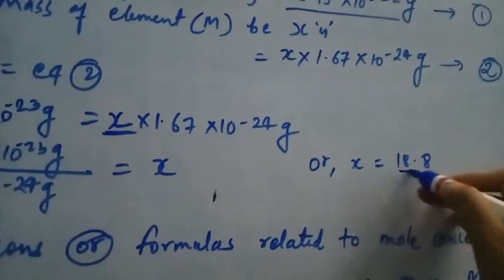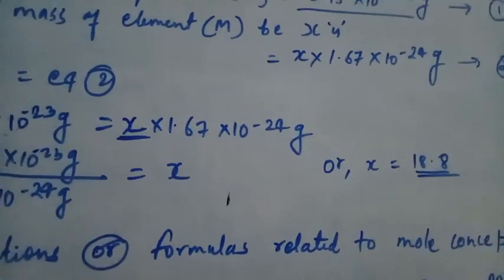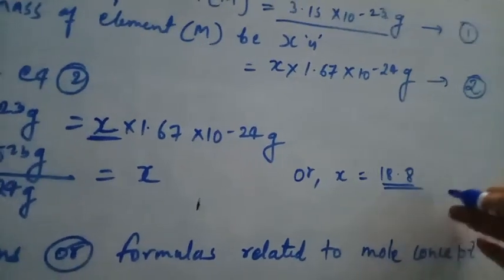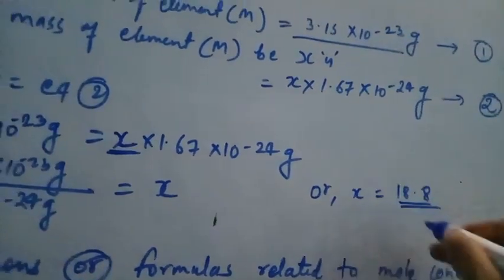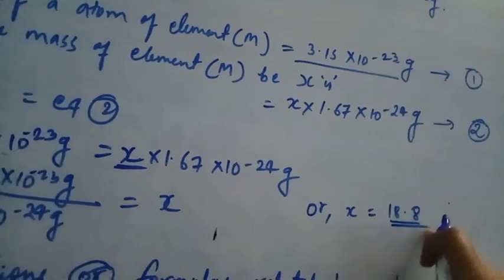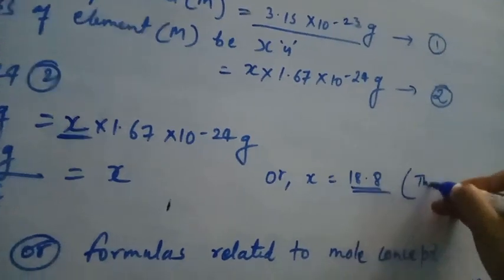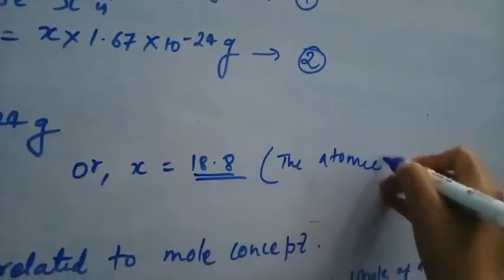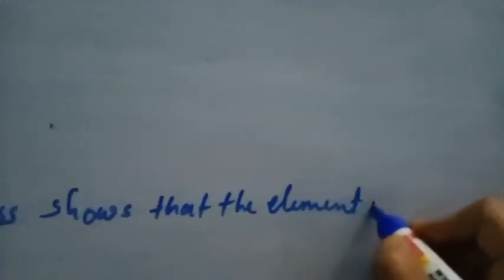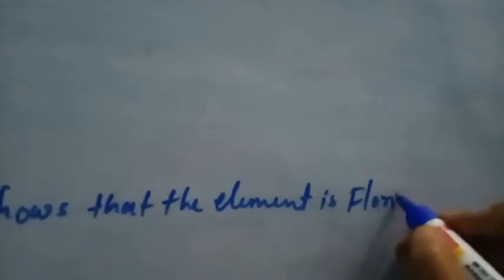So 18.8 shows what? 18.8 is nothing but the actual atomic mass of the element, and it shows that the element is fluorine.